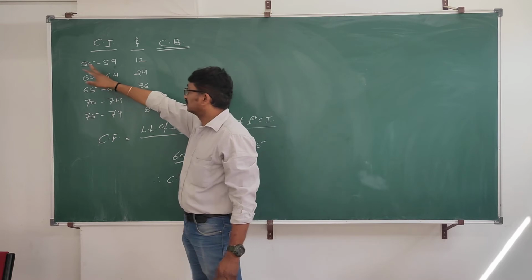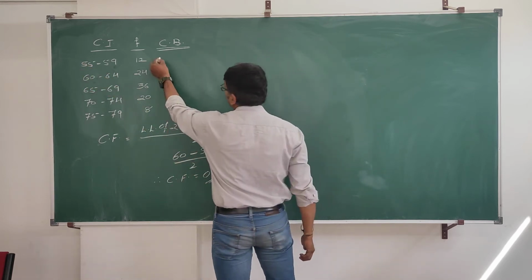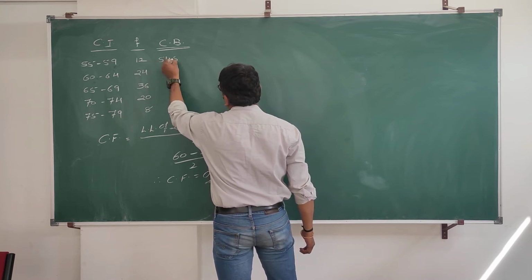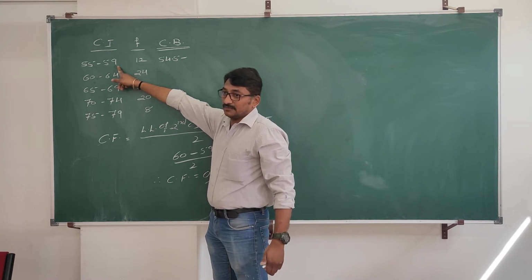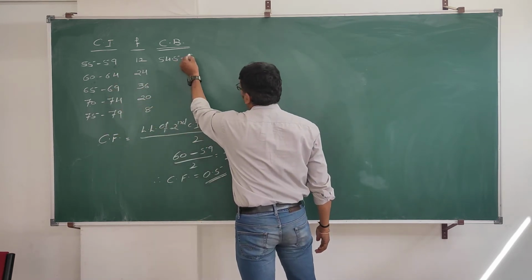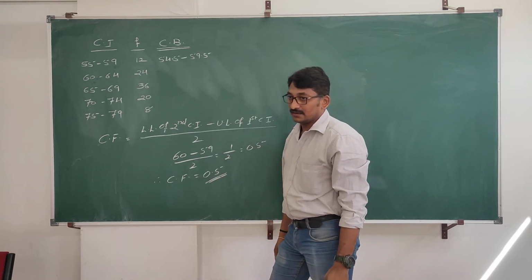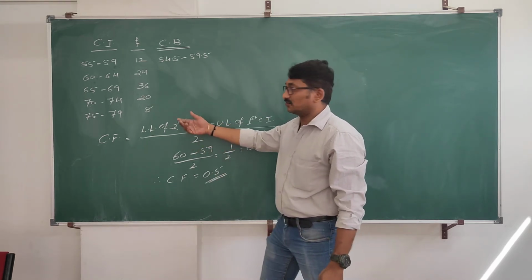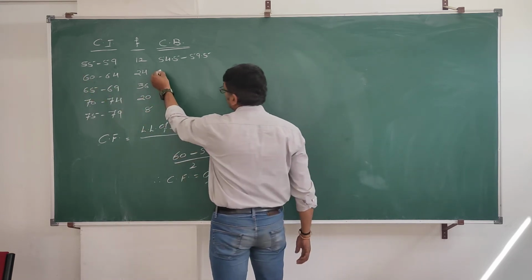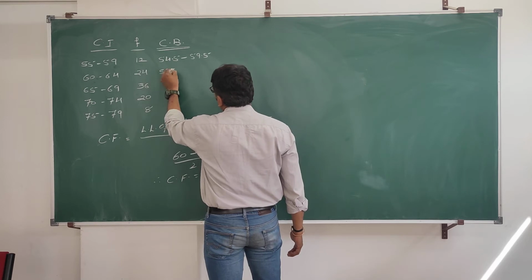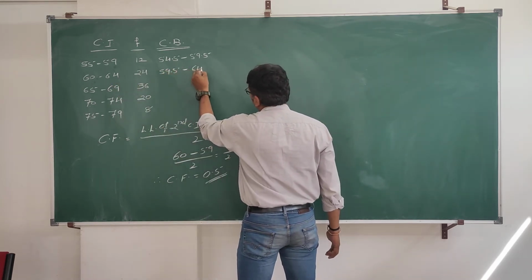In all the classes. Now see, lower limit is 55. 55 minus 0.5 comes to 54.5. And same correction factor add in this upper limit, so it comes to 59.5. Correct? Same procedure for other classes also. 60 is the lower limit, so 60 minus 0.5 comes to 59.5, and same 0.5 you add in 64, giving 64.5.